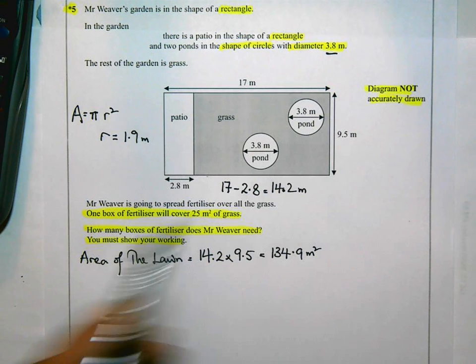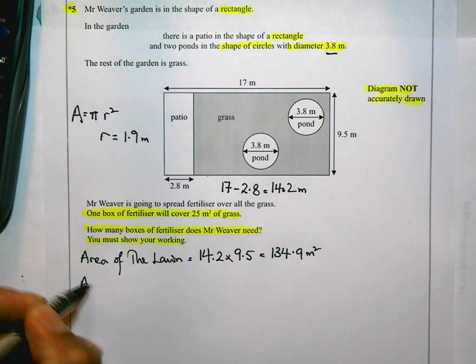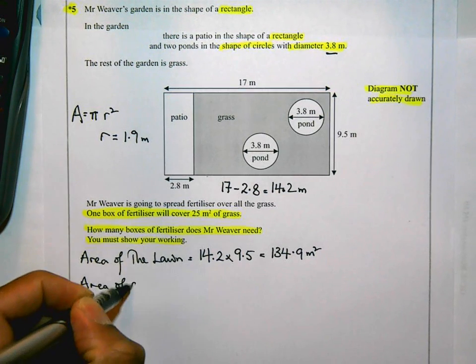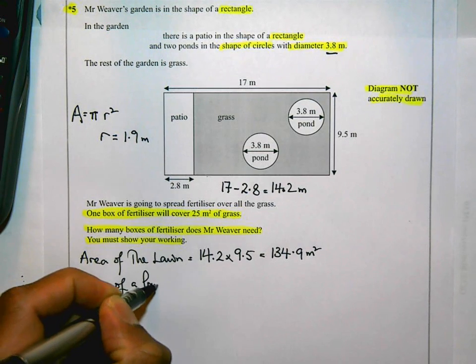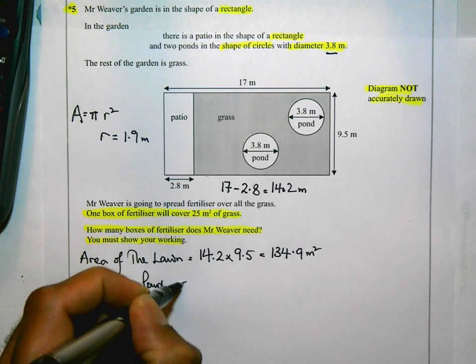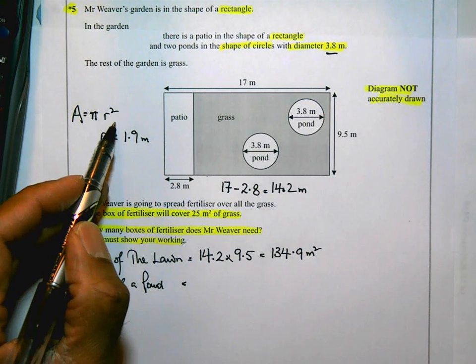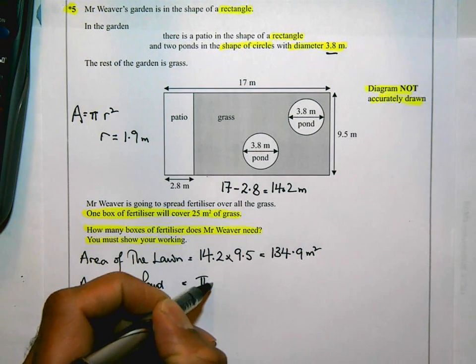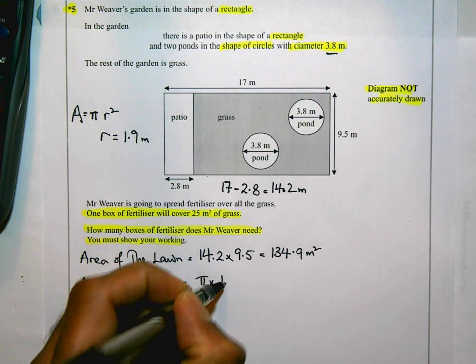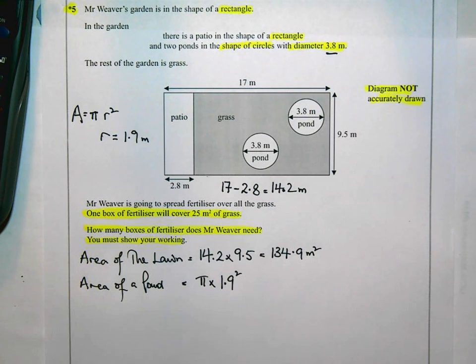What I need to do now is work out the area of these 2 ponds. So the area of a pond is going to be pi times radius squared. Pi times the radius, which is 1.9, squared. So let's see how that goes onto the calculator. Clear.